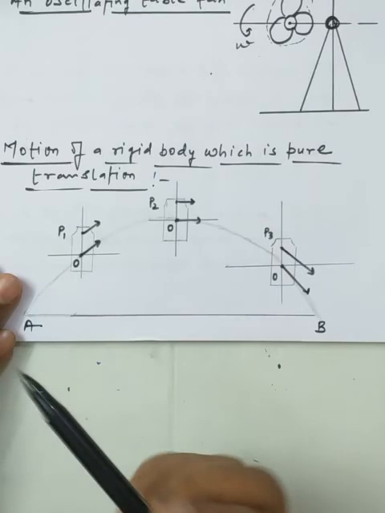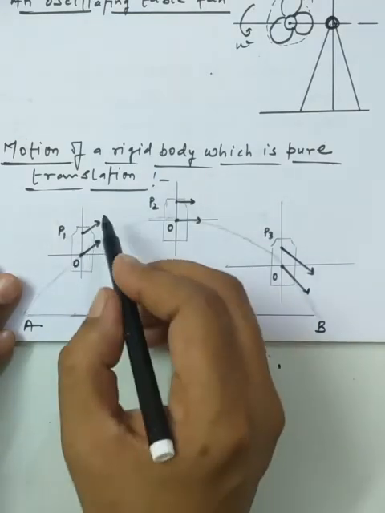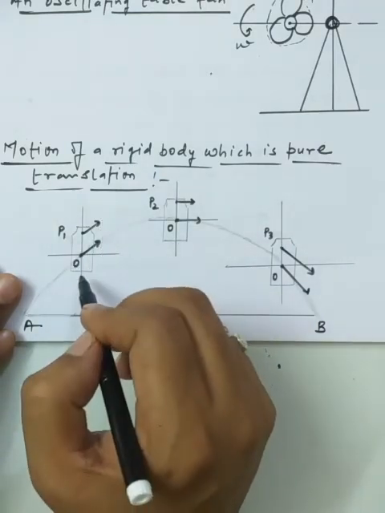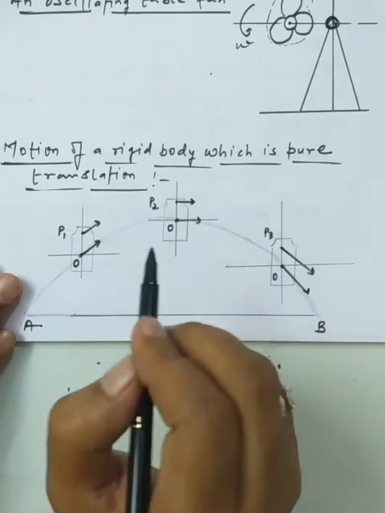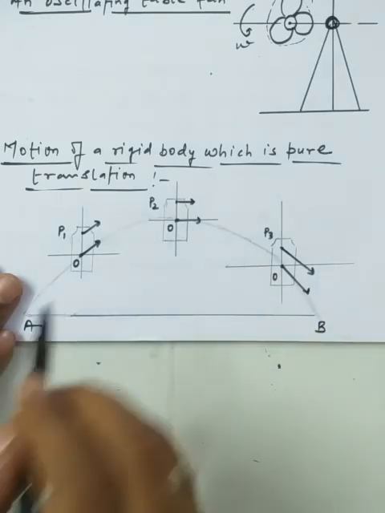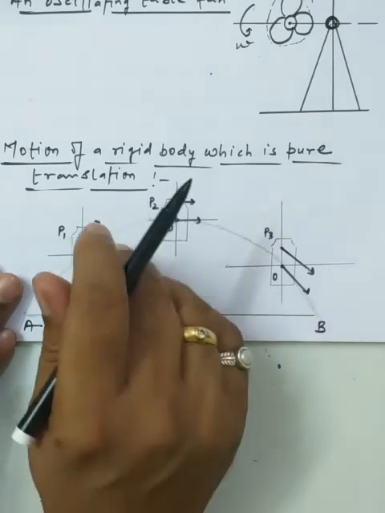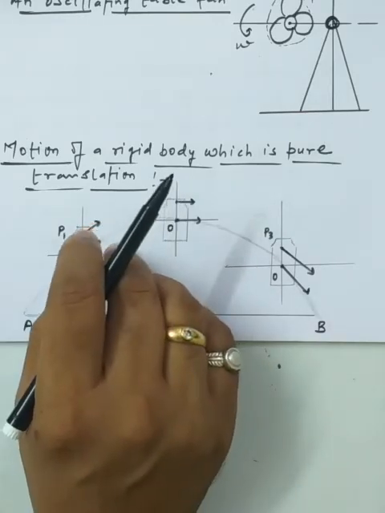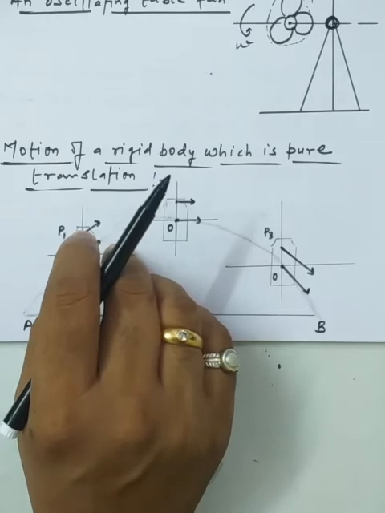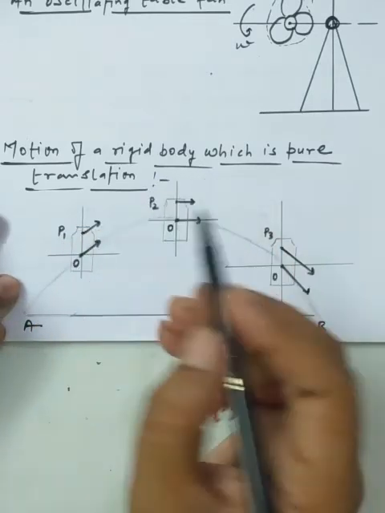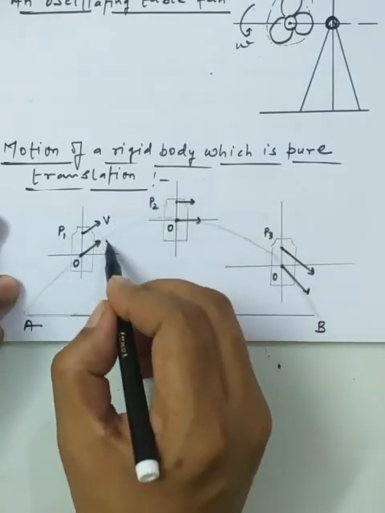So at all portions, the velocities of all the particles inside the system have the same velocity. At a particular instant, the velocity of the different particles is the same. Here the velocity is v, and here it is also v.